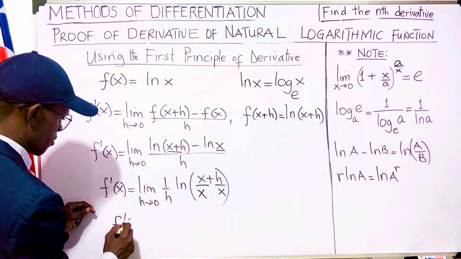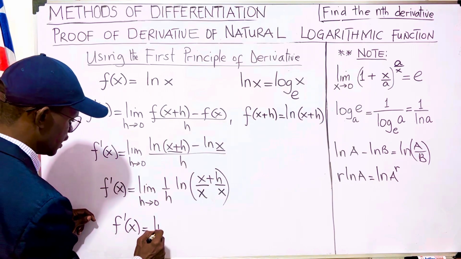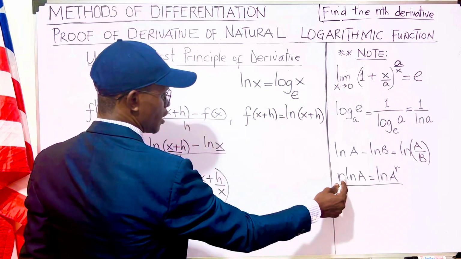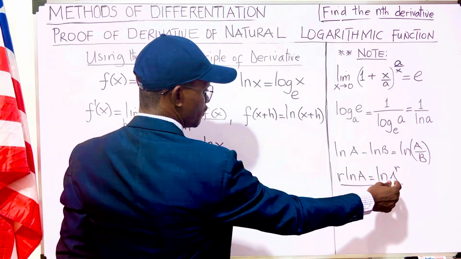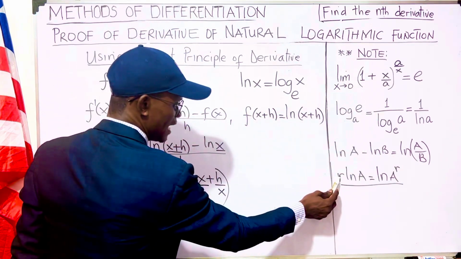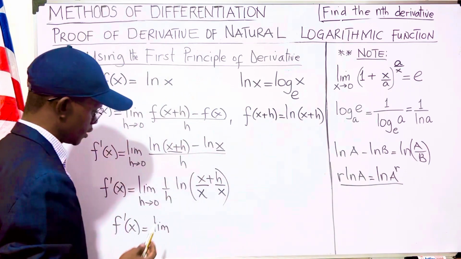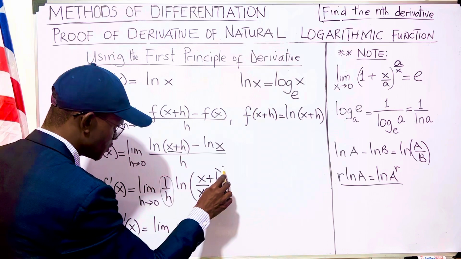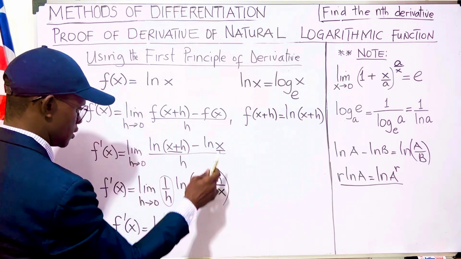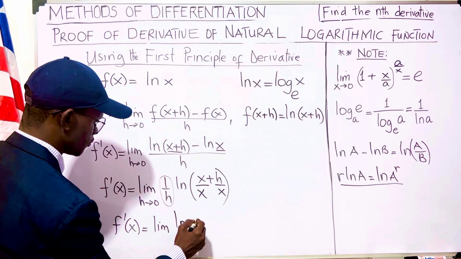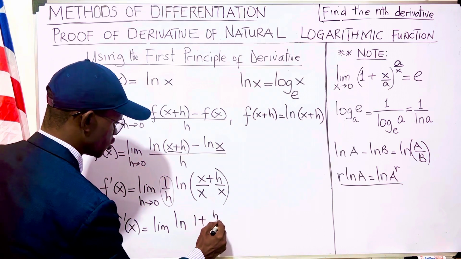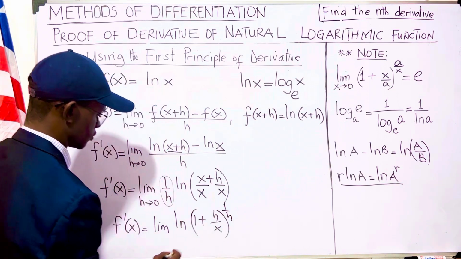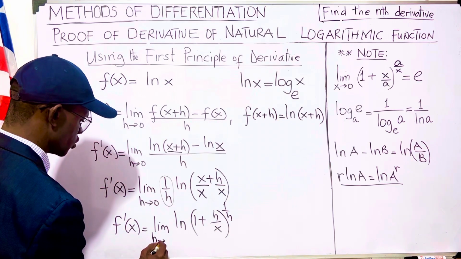So we have f prime of x now to be the limit. Now we can also bring in this property: r ln of a is equal to ln of a raised to the power r. So this r can move to the power, and 1 over h represents r. So we send it right here. We have the ln of 1 plus h over x, raised to the power 1 over h, as h approaches 0.